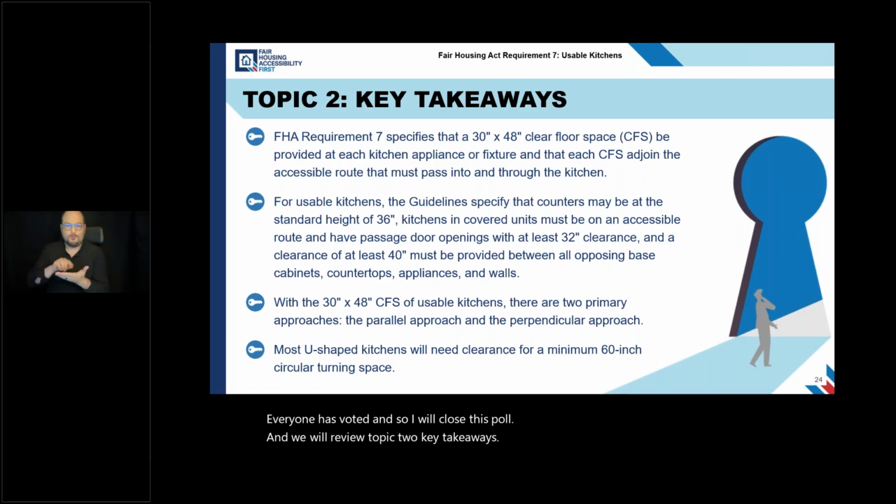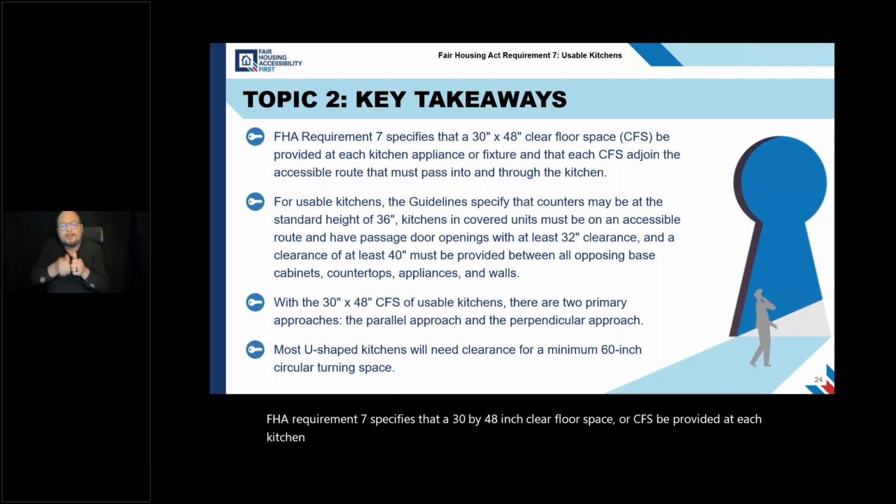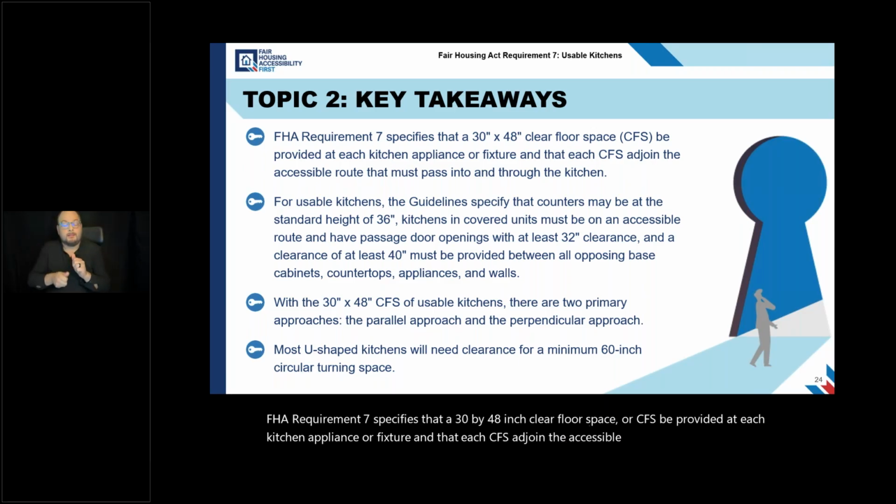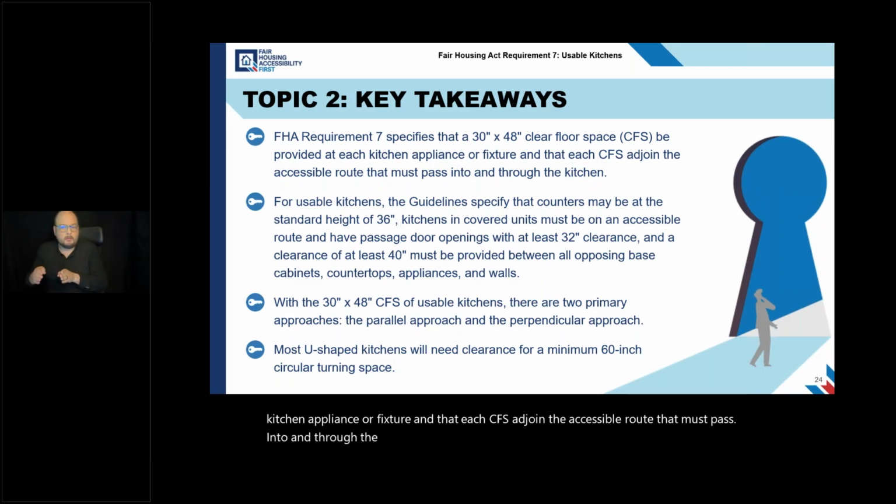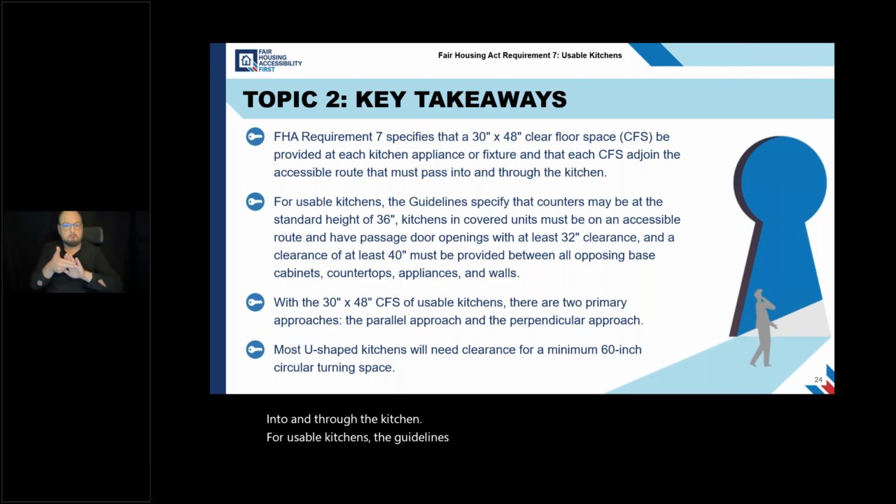FHA Requirement 7 specifies that a 30 by 48-inch clear floor space, or CFS, be provided at each kitchen appliance or fixture, and that each CFS adjoin the accessible route that must pass into and through the kitchen. For usable kitchens, the guidelines specify that counters may be at the standard height of 36 inches.